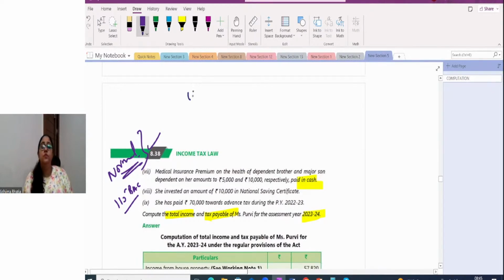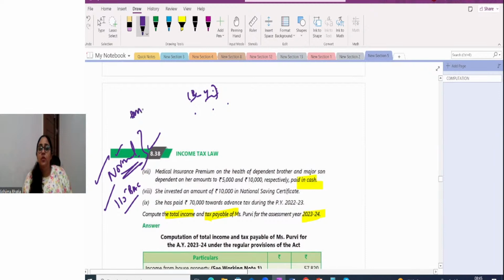Or if the question is of small value, 3-4 marks or up to 5 marks, asking to compute tax liability with adjustments, then you write, we assume that the person has not opted for 115BAC, and you do it only as per one regime. But if the question is of high value and nothing has been mentioned about 115BAC, then you have to compute the tax liability as per both the provisions, compare, and give your result.